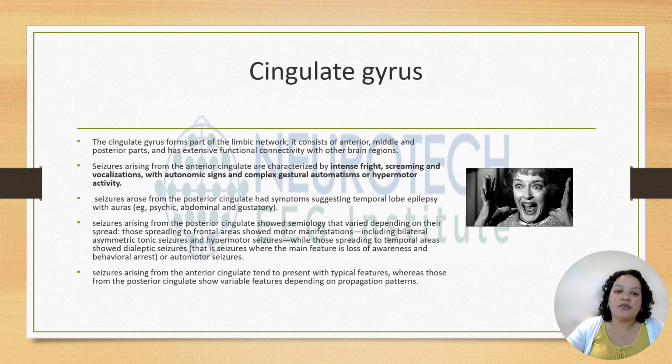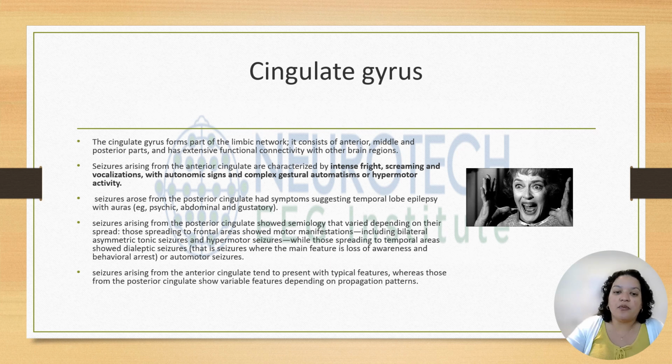So we talked about the anterior cingulate gyrus, but if seizures arise from the posterior cingulate gyrus, they can have symptoms suggesting temporal lobe epilepsy with auras like psychic, abdominal, and gustatory. And this is going to be important for seizure localization and semiology, depending on what the patient tells you.